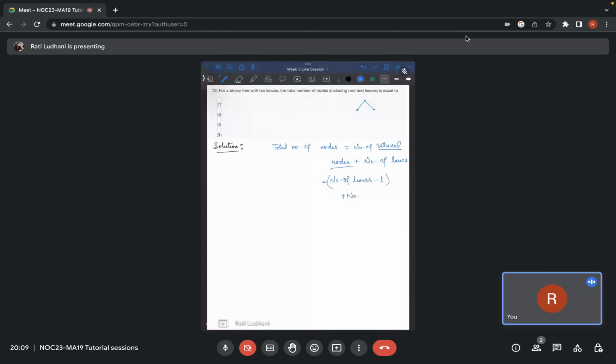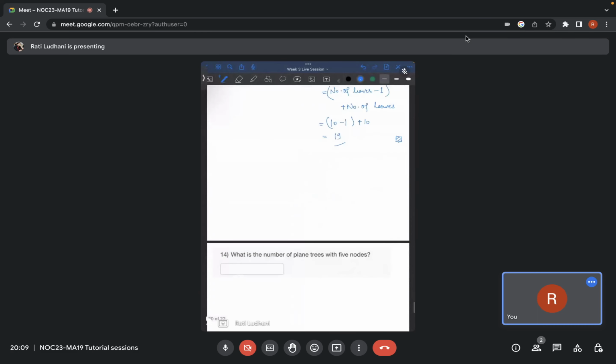So this is 10 minus 1 plus 10, which is 19. You can check this from the notes, pretty easy. Okay, let's move to the next question now.